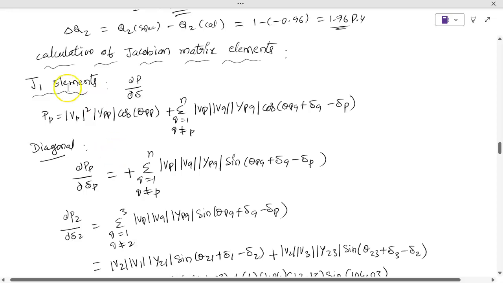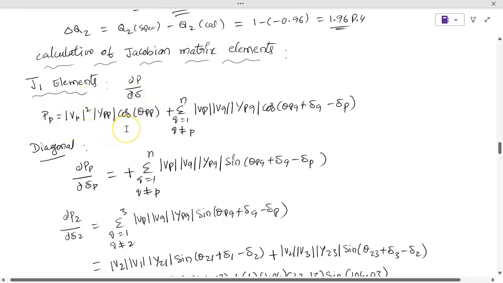Now, J1 elements are ∂P/∂δ. This is the static load flow equation after separating the PP terms, that is, the terms where Q is equal to P, giving PP squared YPP cos θPP. So we have separated all the Q equal to P terms.